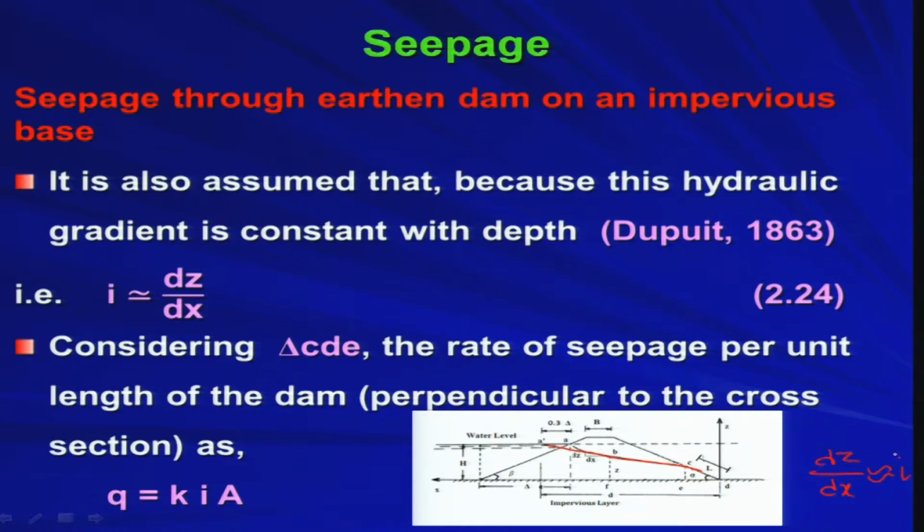Now, considering triangle CDE, the rate of seepage per unit length of the dam, perpendicular to the cross section, is given by q equal to k into I, that is the velocity, into A, the cross sectional area. Flow is happening along CE, so k I multiplied by A gives the rate of seepage.